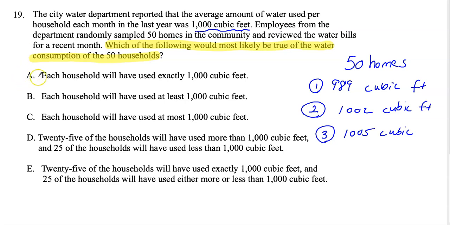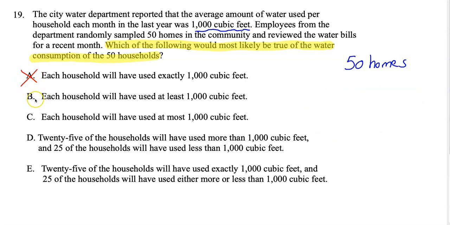Let's see. A, each household will use exactly 1,000 cubic feet? No. Again, that's saying that every household that they sample in your community, they all use the same amount of water. That does not make sense. See you later, A. What about B? Now, B says each household will have used at least 1,000 cubic feet of water. It's a little trickier.